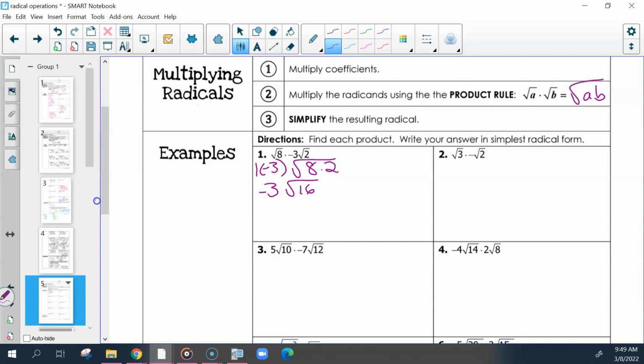Yes. To what? 4. So in this case, we completely get rid of our radicals, and we're left with a whole number. Is that how they're going to be, like, all of them? No, unfortunately not. That one just happened to work out that way.